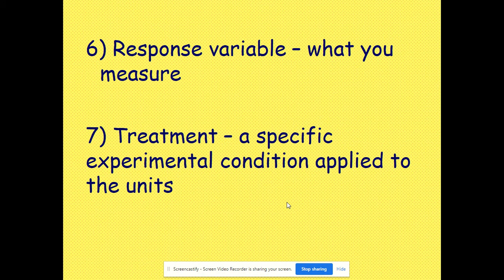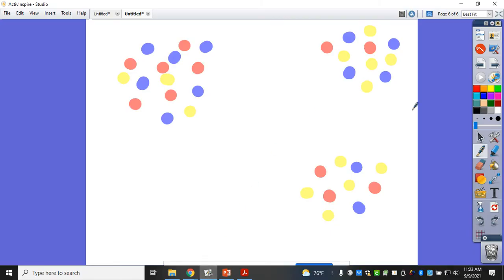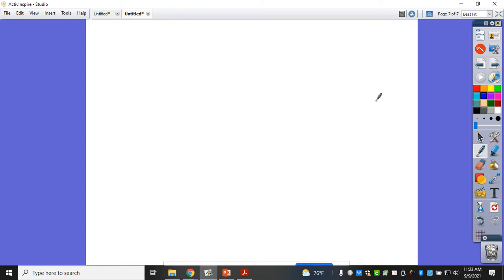It's a specific experimental condition applied to the units. So it doesn't really make sense unless I give you an example.